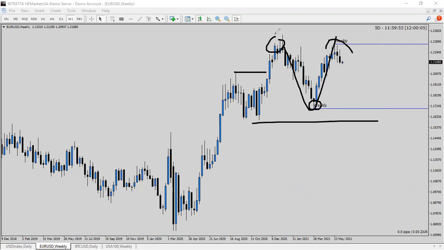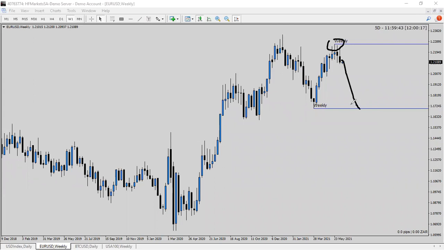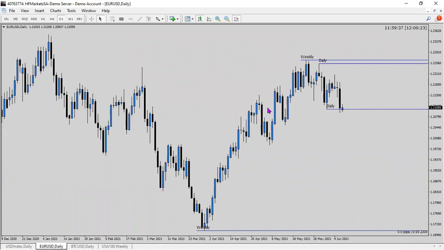It's now failed to break this market structure to the upside. So what I would be expecting in here is some sort of a lower high that's going to form, and expect this to come back into this weekly low here, right? So simply looking at that, we know that we're expecting downside on the weekly chart.